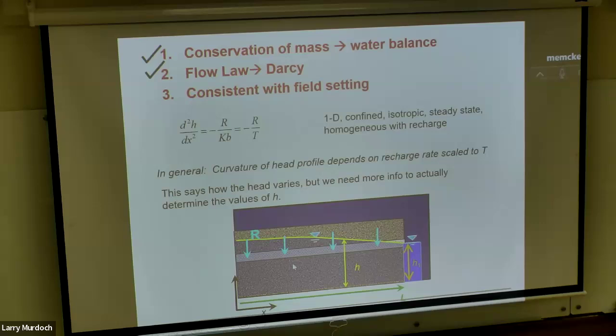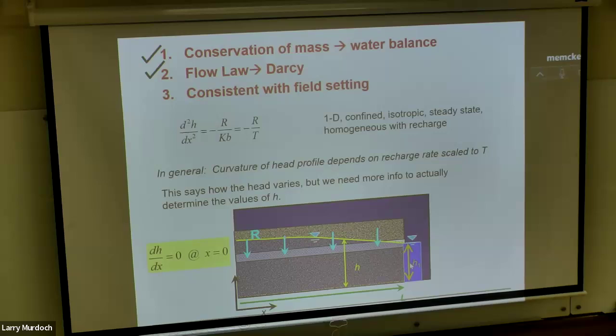But what's missing is what the hydraulic head does here and here. So in order to solve this problem, we have to include that information, and that will be included as the boundary conditions for this problem. These are what the hydraulic head is doing at the boundaries of the problem.